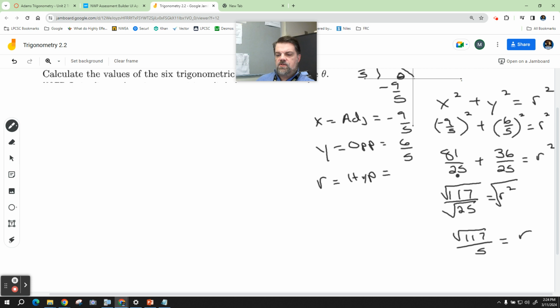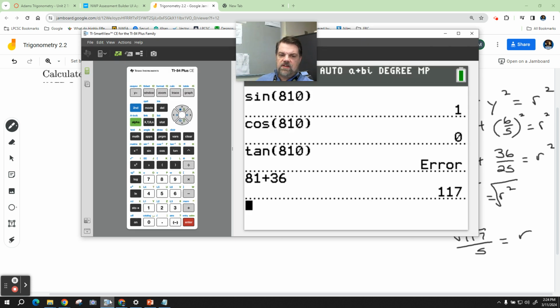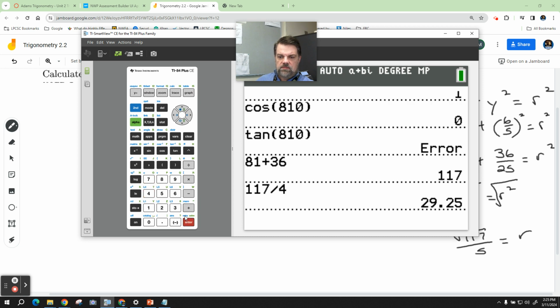So I'm supposed to think to myself, is there a perfect square that fits in the 117? I don't think there is. I think 117 is a prime number, but we're going to try it and see. So you take 117, what's 2 squared? 4. Then I take 117 and divide it by 3 squared, which is 9.